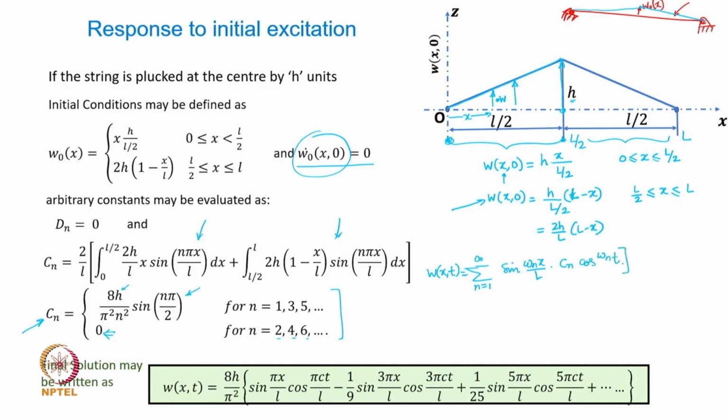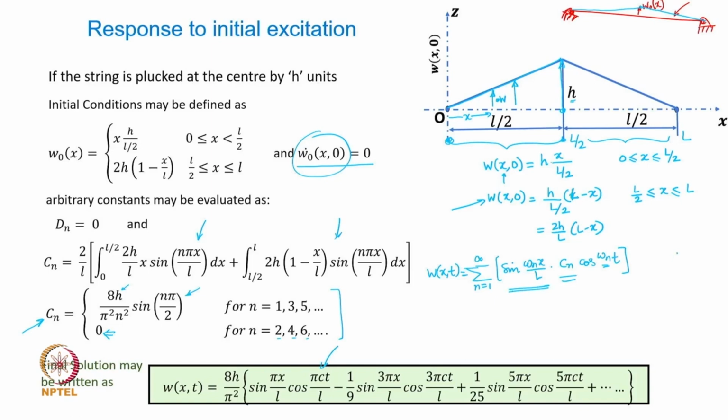So this is basically the expression that you get by substituting proper values of Cn and cos omega n t, because omega n has been replaced with pi ct by L. This also you can find is almost the same as cos omega n t. Okay, and of course you have this sine omega n x by L.